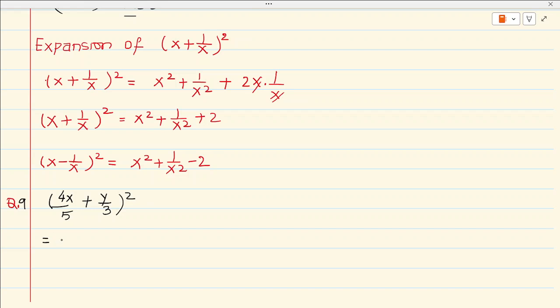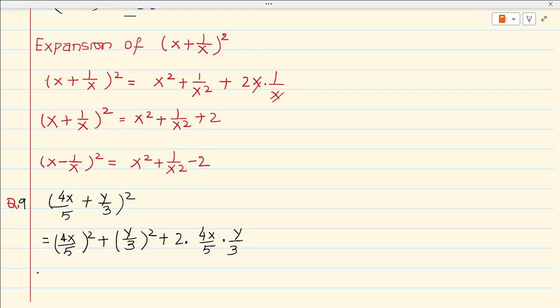What we get, 16. You can put it directly if you want. Otherwise you have to write like this by breaking each and every term. A square plus b square, where b is y upon 3, b square plus 2ab. What is 2? 2 is 2. What is a? It is 4x upon 5. This is a. What is b? B is y upon 3.